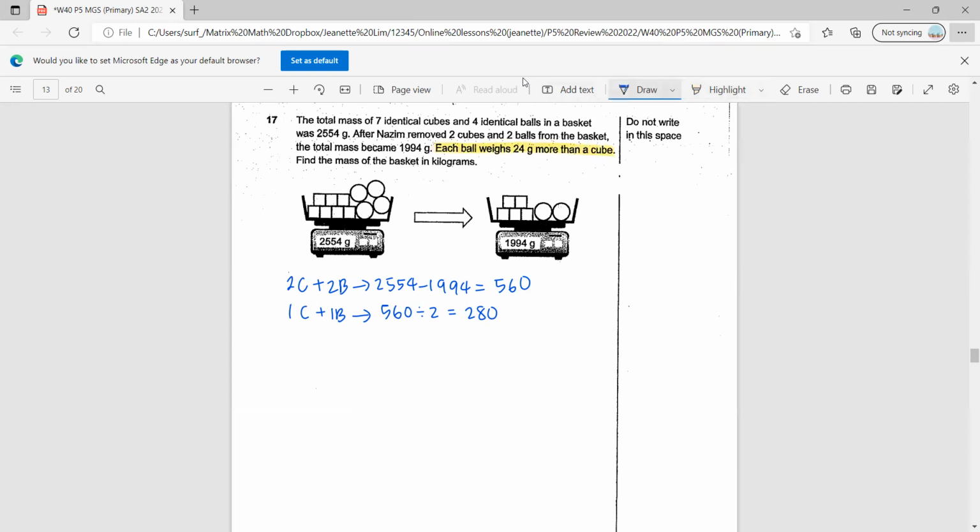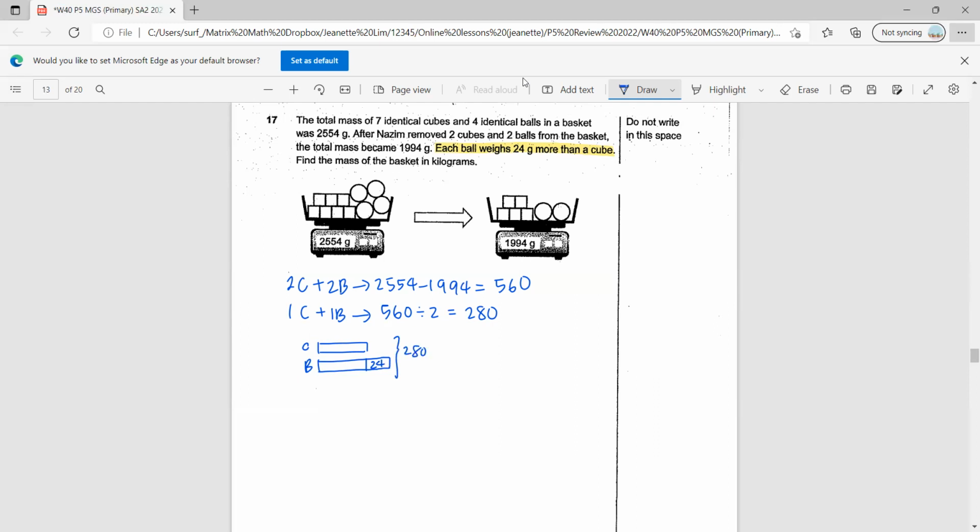Now the question said that each ball weighs 24 grams more than a cube. And the total mass of a cube and a ball is 280. So I can do this. Cube and ball. Ball is more. Okay, this is 24. The total is 280.